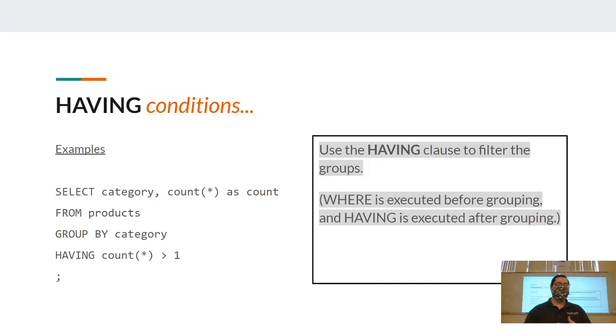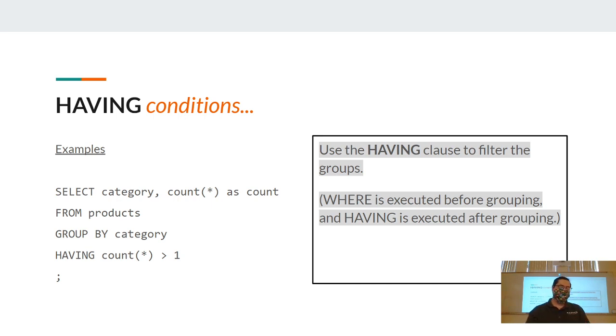Okay. The next clause that we have is the having clause, and the having clause is very similar to the where clause. It's just that having happens after the grouping, where happens before the grouping. Okay. Where happens before the grouping, having happens after the grouping. And that does matter.